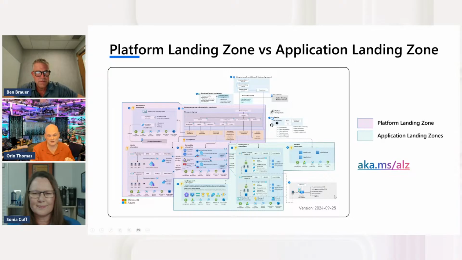But this is another way of thinking about the differences between these two areas. So we talked about platform engineering and we talked about COE a little before. Are there any other distinctions you think we should make between platform landing zone and application landing zones before we get into a specific example of an OpenAI chat application?